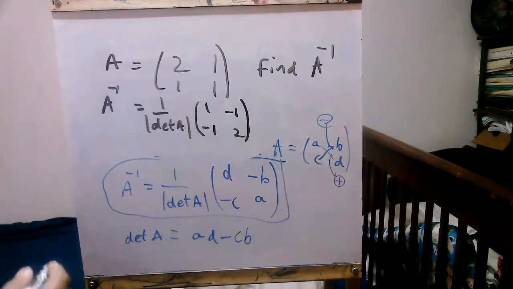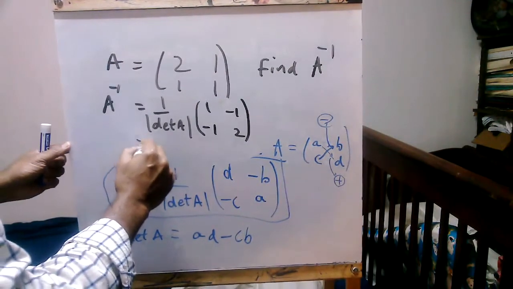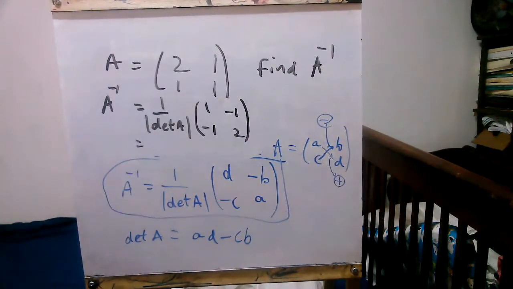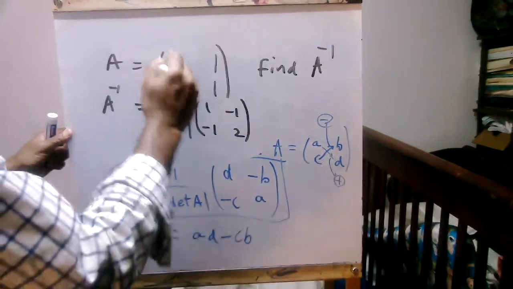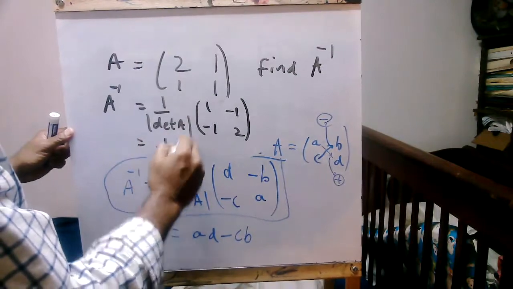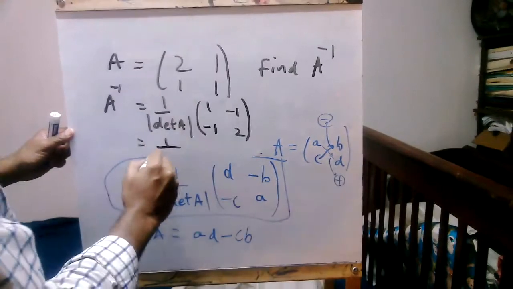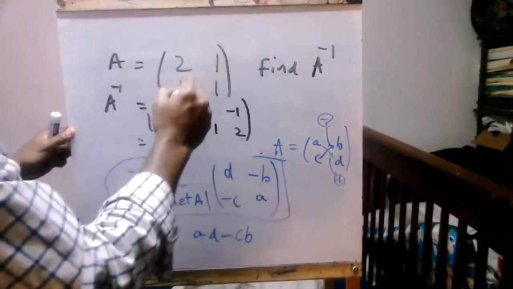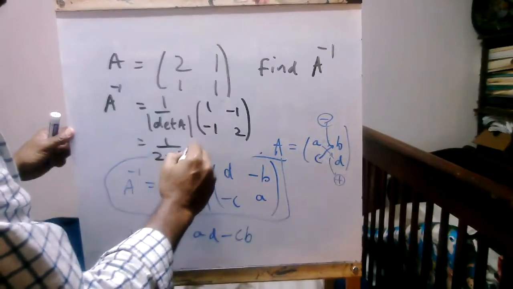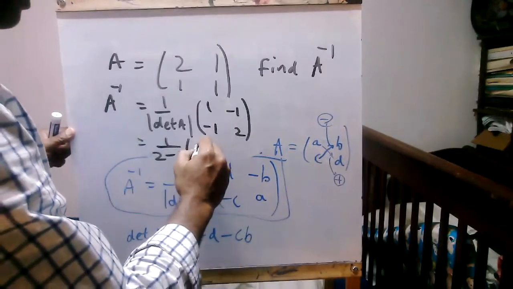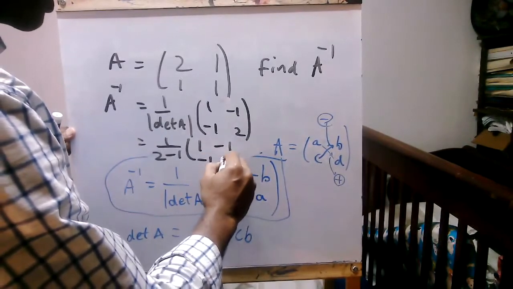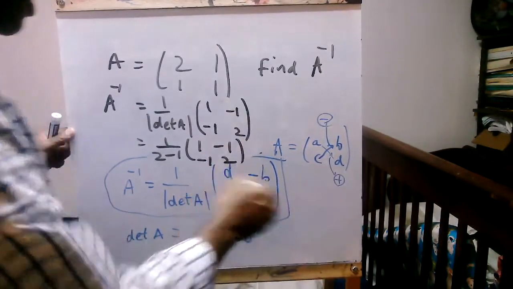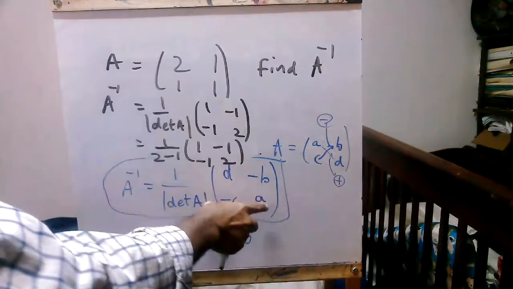Right? Determinant of this matrix, 1 over downward 2, positive 2, upwards negative 1, times 1, negative 1, negative 1, 2. Right, I'm gonna erase this. We apply this equation.